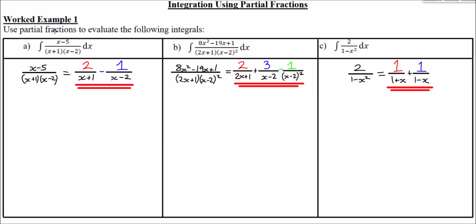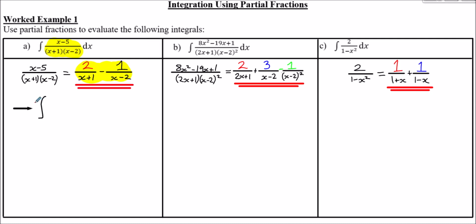So, first of all, the integral of x minus 5 all over x plus 1, x minus 2. For this one, essentially what we've done here is we've transformed this into this thing here. And so now we can just say that we're integrating something simpler, which is actually the case. We're now integrating this instead. I'm going to put the 2 on the outside.